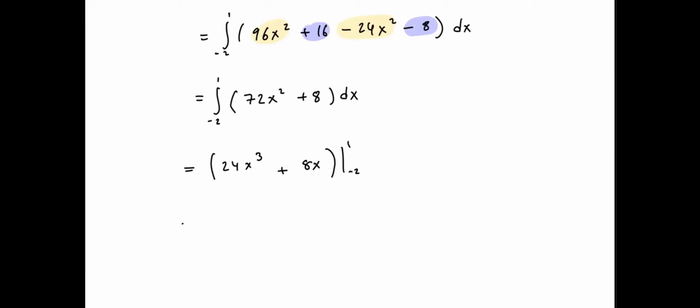Now we plug in the upper limit of integration first. We get 24 times 1 cubed, that will be 1, plus 8 times 1, minus 24 times -2 cubed, and then minus 8 times -2.